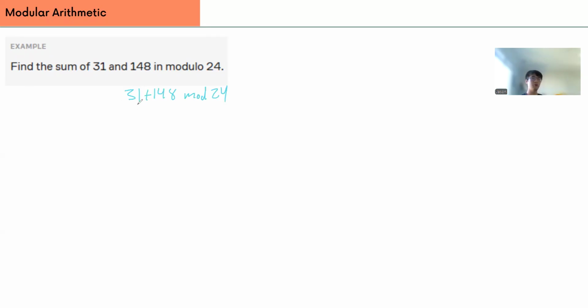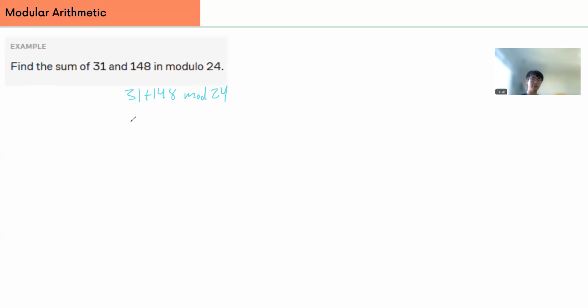So first, what we can do is add these two up to get 179 and then divide by 24. But I don't want to do that because this looks very hard and complicated. So instead, I can actually evaluate these separately, mod 24, right?